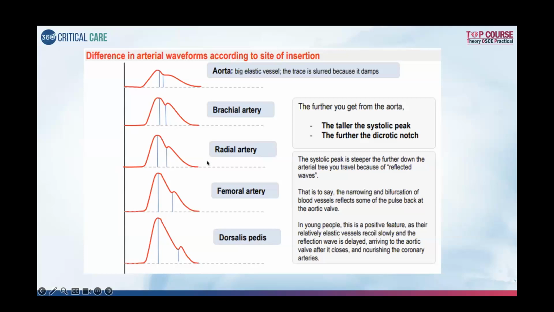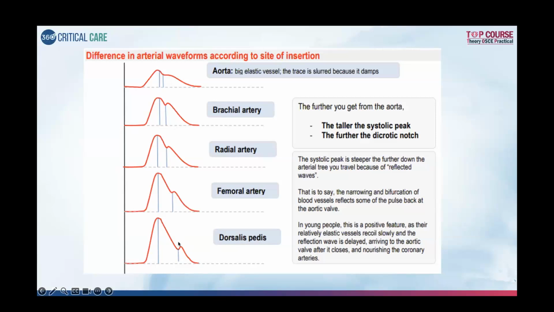As you go down and down, the notch gradually comes down. With the dorsalis pedis, you can see the dicrotic notch is much lower than where it is in the brachial artery or in the aorta.